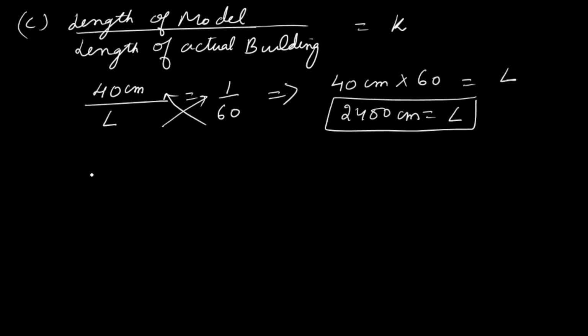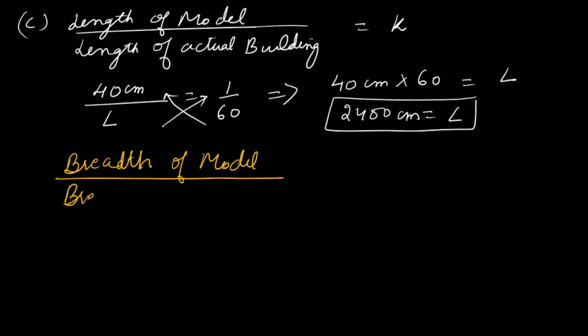Then the breadth of the model we will find using the same formula. It is one dimensional, so we can use breadth of model by breadth of actual building, or width you can write. If you want you can use the word width here.